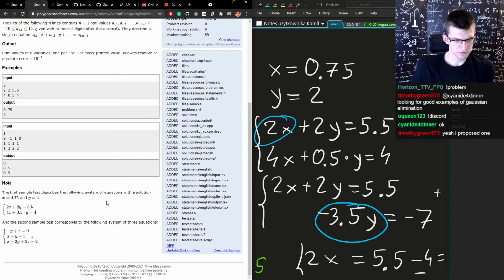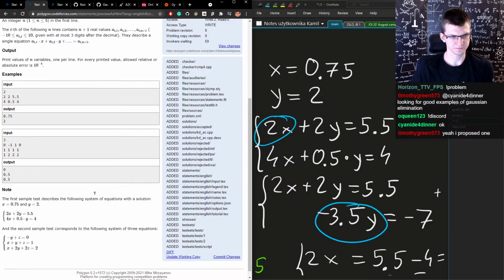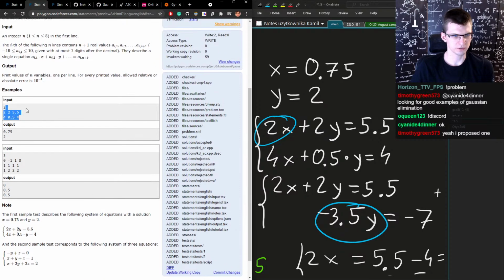Following system of equations with a solution that 2x plus 2y is 5.5, 4x plus half times y. Should I remove this dot? I don't know, maybe. It's 4, alright, and for 2 this is 1, this is 3, so the sum is 4, yeah, everything seems fine. And we got non-integers. Cool.